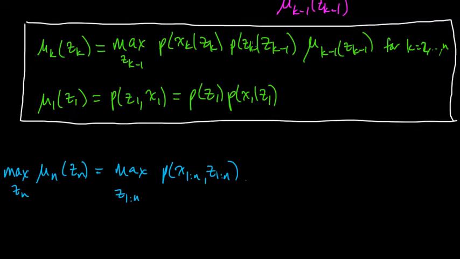If you were to write down this algorithm, implement it in computer code, and at each step you keep track of the maximizing sequence, then for the next step you will be able to compute the maximizing sequence up to k-1. Then for the kth step, you will be able to compute the maximizing sequence up to k.